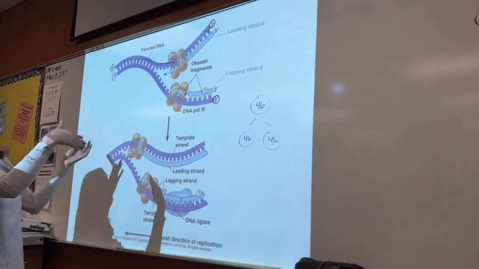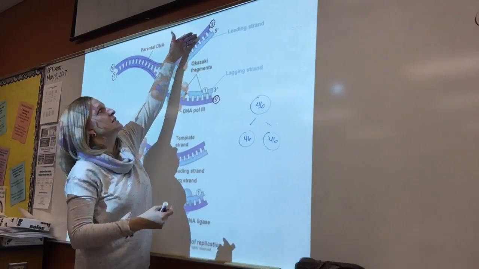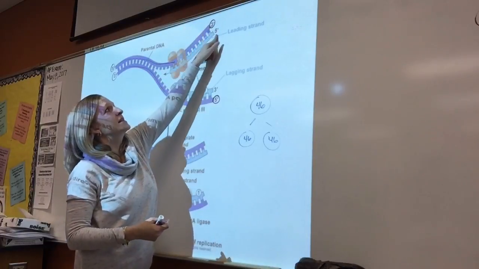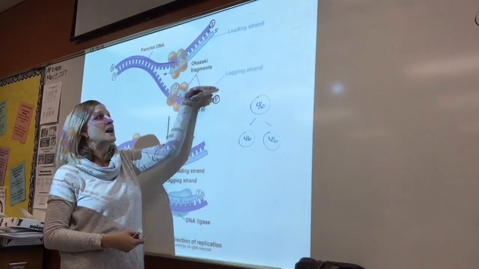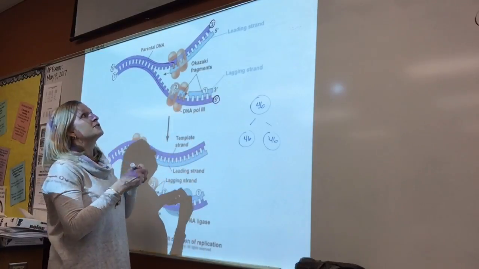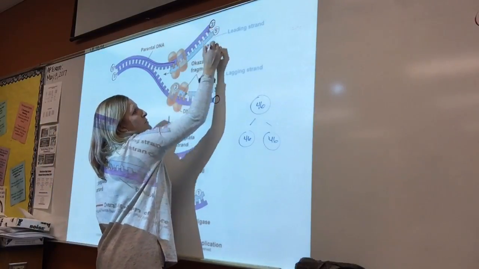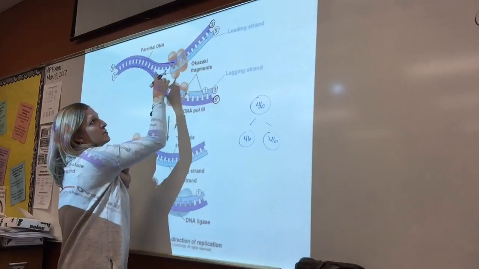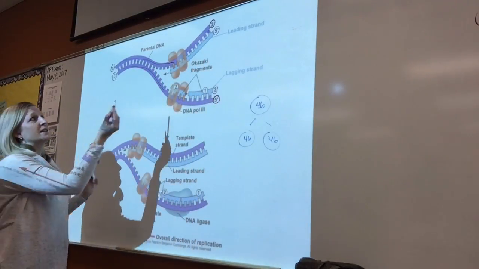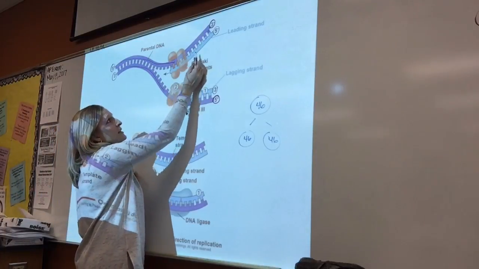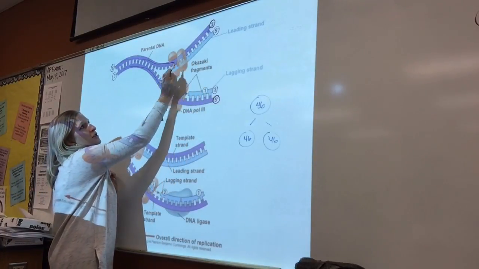When we replicate this DNA, if this is the 5' end over here, the end here has to be the 3'. So the 2 new strands you're going to build are antiparallel as well. What happens is this DNA polymerase can only add nucleotides to the 3' end.